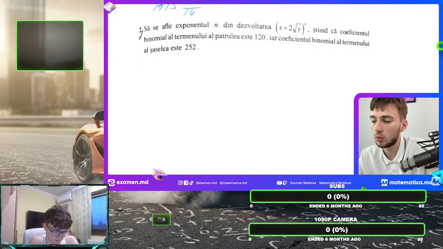So, we have formulas. What to do first here? Well, you just write down the fifth term formula and everything, and you do the same thing for the sixth term, and somehow you find n.